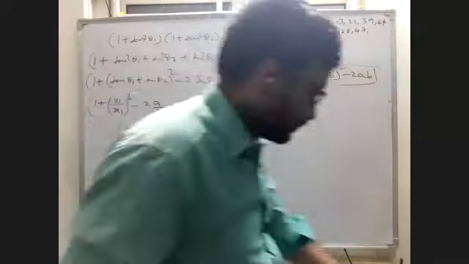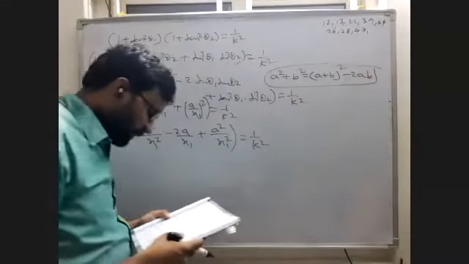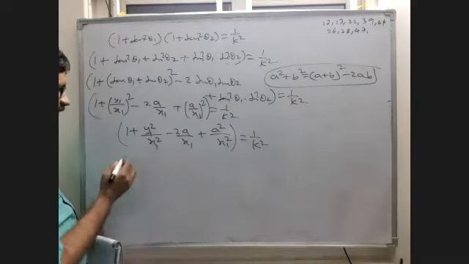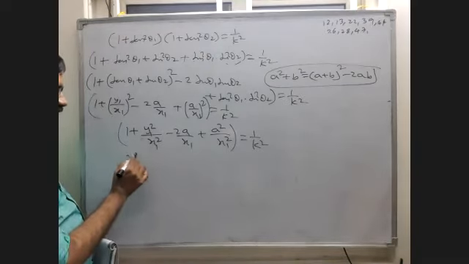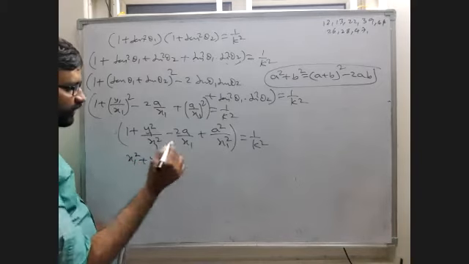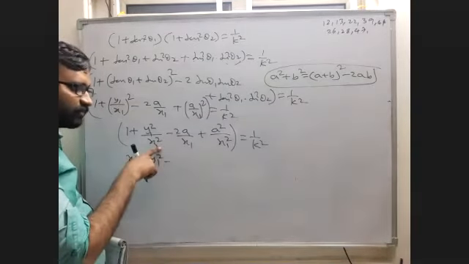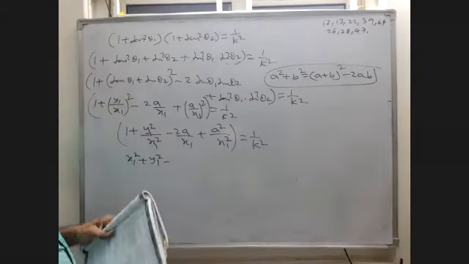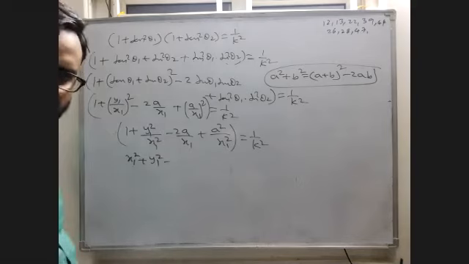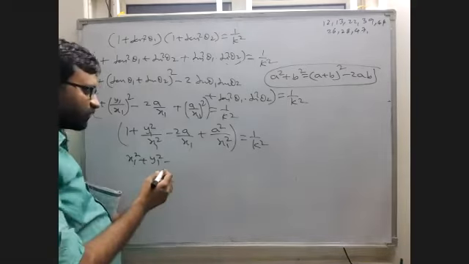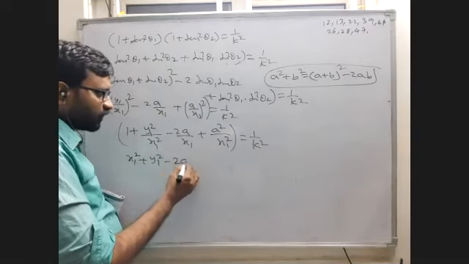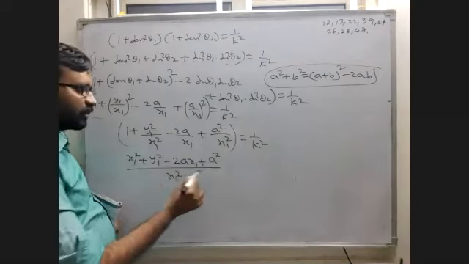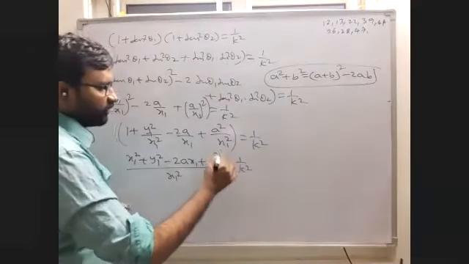LCM, we have to see what is wanted. So you should do the LCM compulsorily. If you do LCM, x1 square plus y1 square minus 2a x1 plus a square, by x1 square, is equal to 1 by k square.